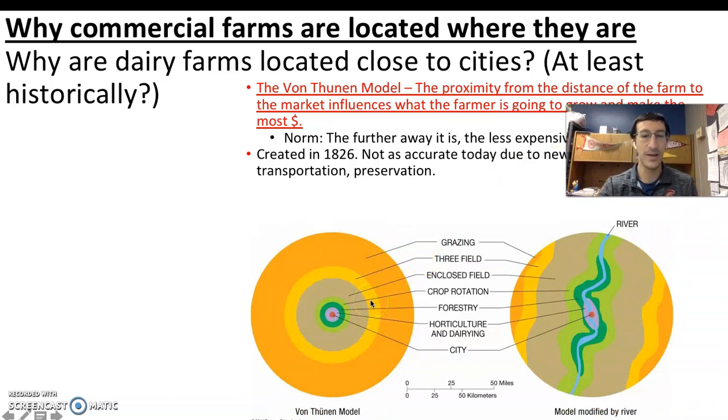So in the middle, you have your town and or city, and in that first ring around it, you have the horticulture and the dairy. So think your fruits, your vegetables, cows, milk, cheese, things of that nature, that if you don't eat it right away, or if you don't create it right away and then ship it and sell it and consume it right away, it will spoil. Think about what happens to milk when you leave it out for a couple of hours and not have it in the fridge.